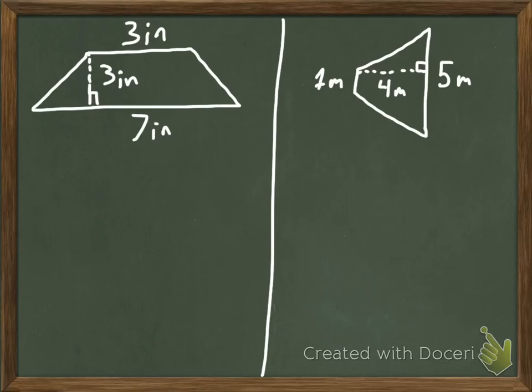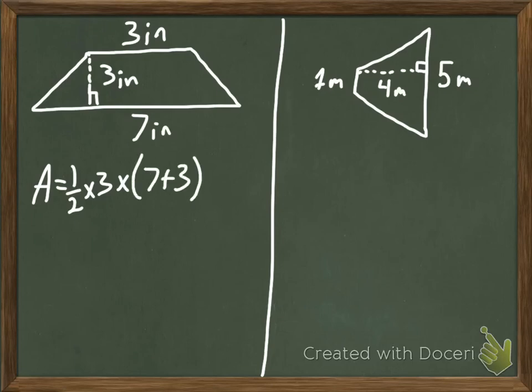Alright. So it's 1/2 times 3 times 7 plus 3. So that becomes 10, and we get our answer as 15 inches squared.